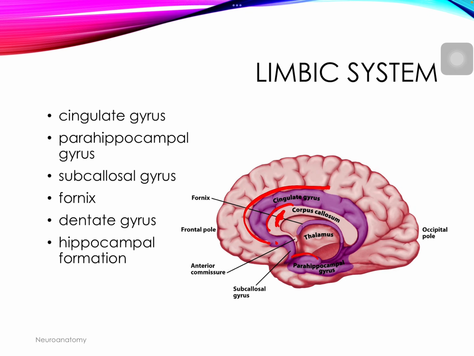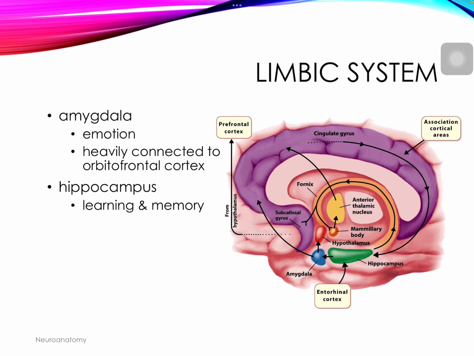We have the parahippocampal gyrus here, and the thalamus right here. Areas like the cingulate gyrus, the parahippocampal gyrus, the fornix, and the hippocampal formation are all important factors of the limbic system, as well as structures like the amygdala. The amygdala and hippocampus are located here: we have the hippocampus right here and the amygdala right here.